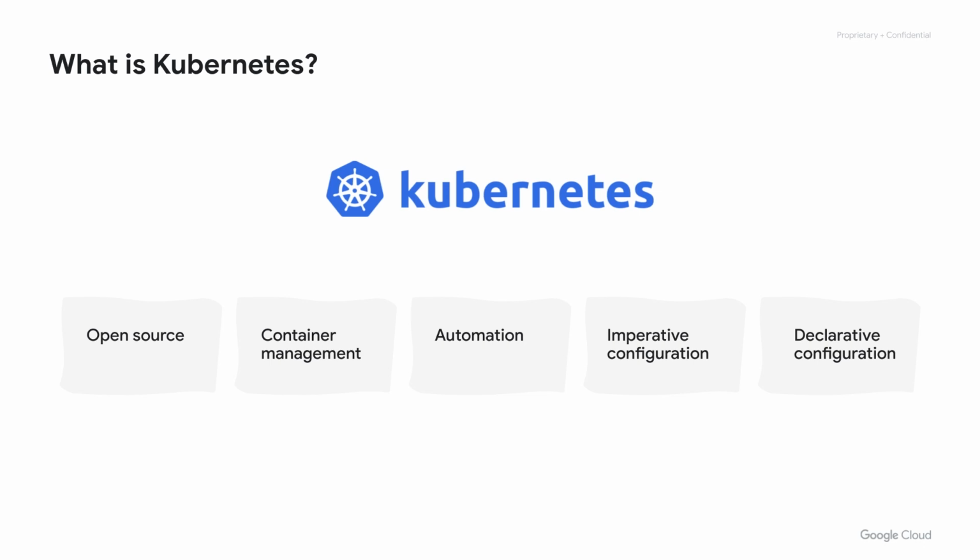So Kubernetes supports declarative configurations. That's one of its major benefits that people really like Kubernetes for. When you administer your infrastructure declaratively, you are describing the desired state that you want to achieve instead of issuing a series of commands to achieve that desired state.